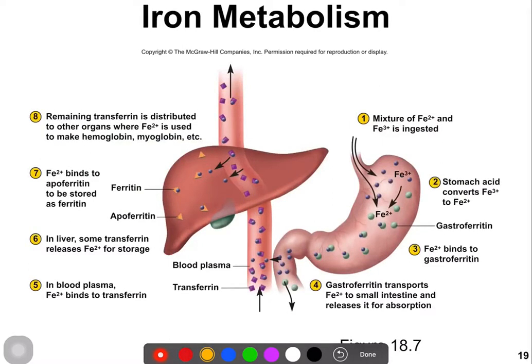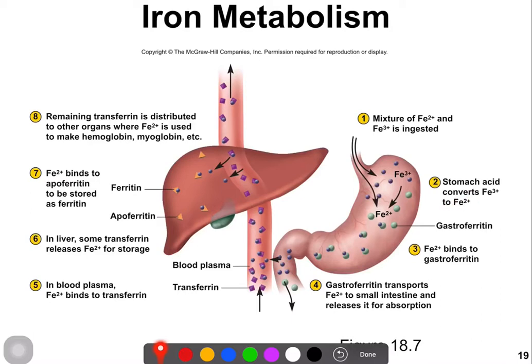Just want to talk quickly about iron metabolism because, of course, we know that Fe2 is important. One of the problems is humans are not very good at ingesting iron. Our dietary iron is a mixture of Fe2 and Fe3. When that mixture comes into the stomach, stomach acid can convert the Fe3 to Fe2.